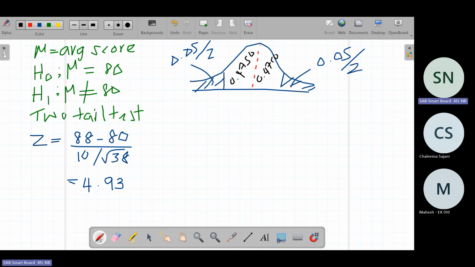What is the critical value? 1.96. Okay, then here you can put minus 1.96, here plus 1.96. Okay, then that's the one.